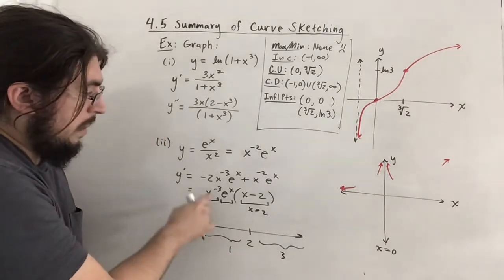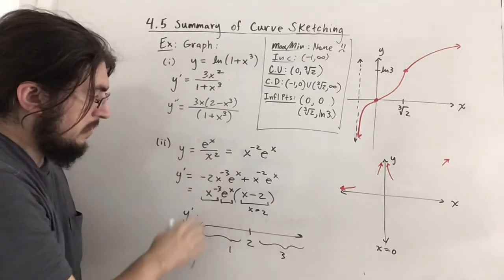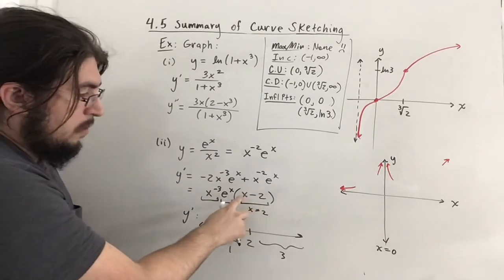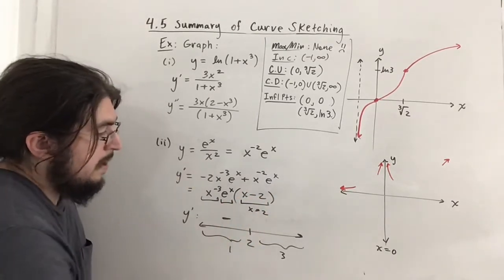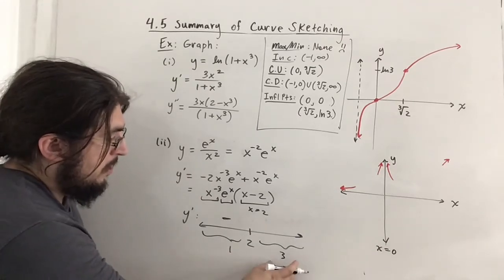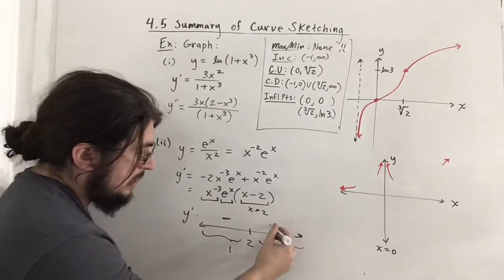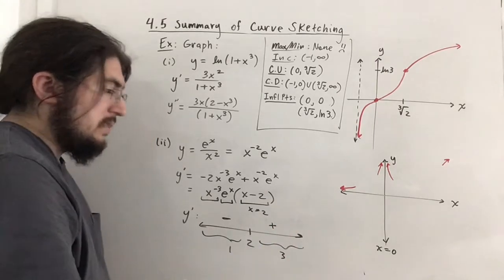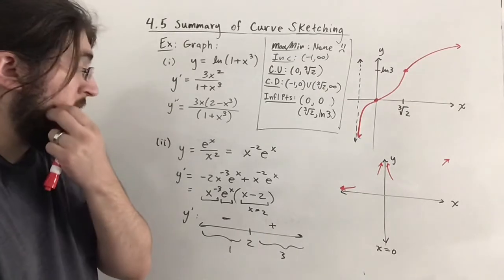So when you plug in 1, let's see, this is positive. 1 to the negative 3 is positive, e to the 1 is positive. Here, this is going to be 1 minus 2, that's negative. So positive times negative is negative. Plugging in 3 though, 3 to the negative 3 is positive, e to the 3 is positive. 3 minus 2 is positive, so positive times positive is positive. Great. So we have increasing and decreasing.